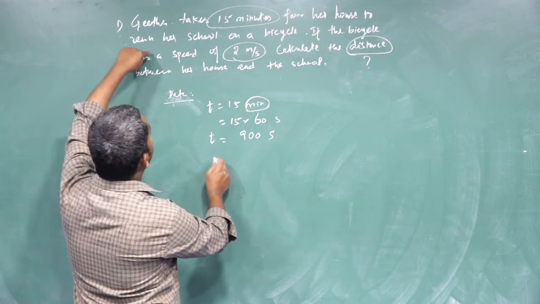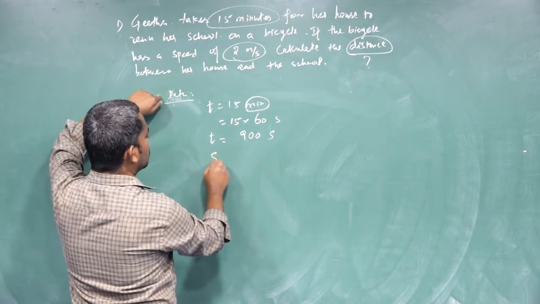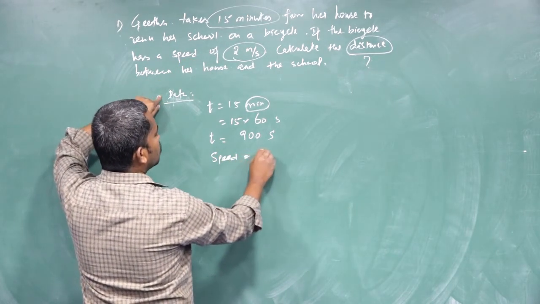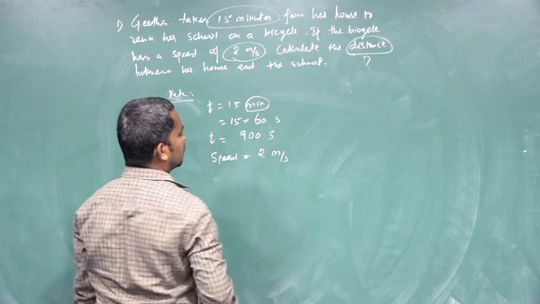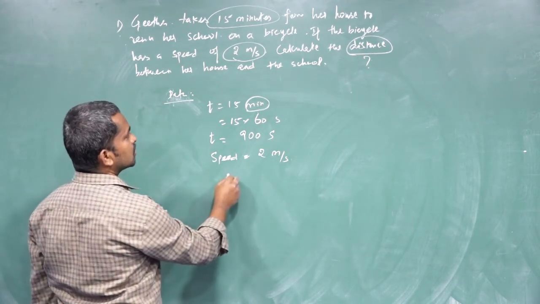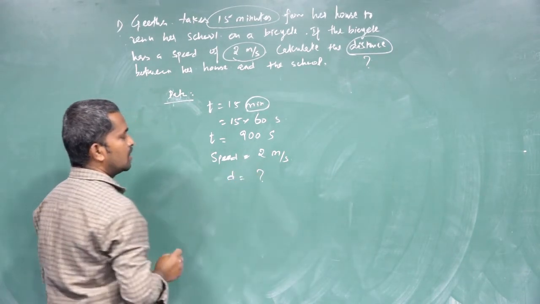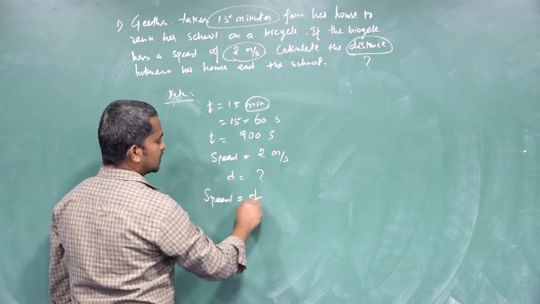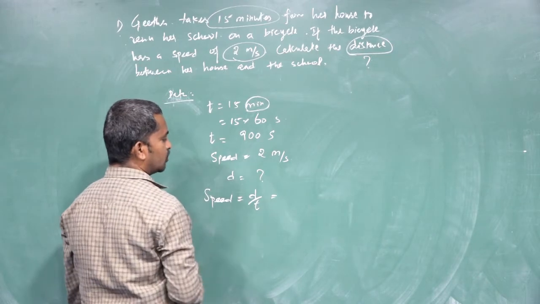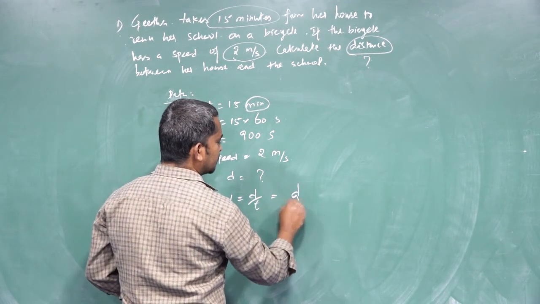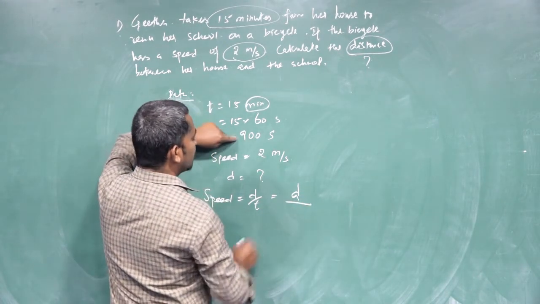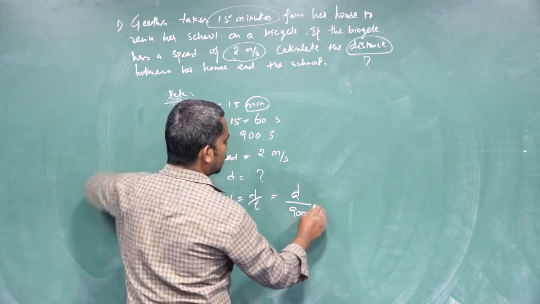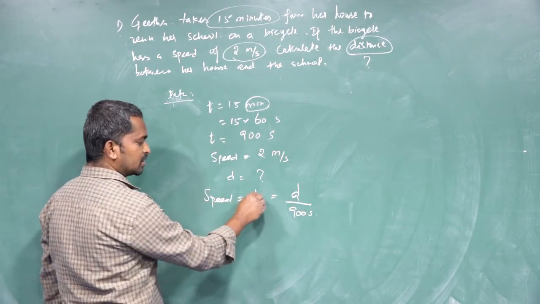And the speed of the bicycle is 2 meters per second. I want to calculate the distance. You know the formula: speed is equal to distance divided by time.